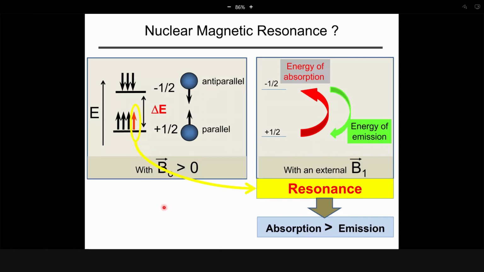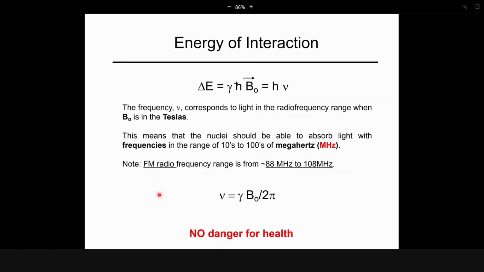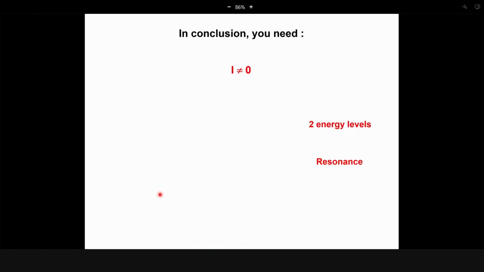As it is based on this lower number of nucleus, that's why we need a machine or a computer to increase the signal that we detect, because the signal is very weak. So we talked about this already.